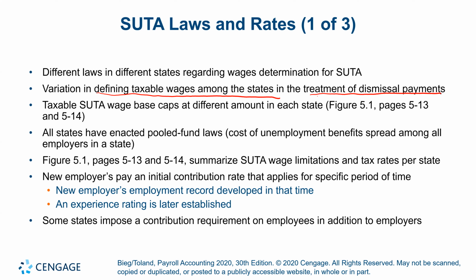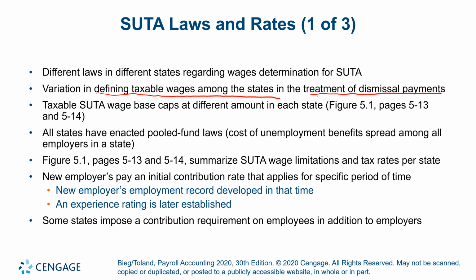Again, we talked about Missouri and Illinois, but just looking at pages 513 and 514, for example, in Massachusetts, the wage limit is 15,000. And they can go up to 14.37%.